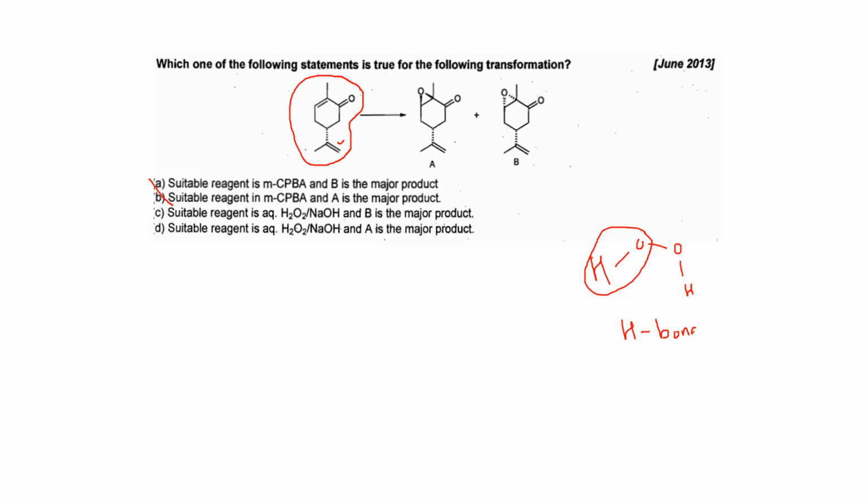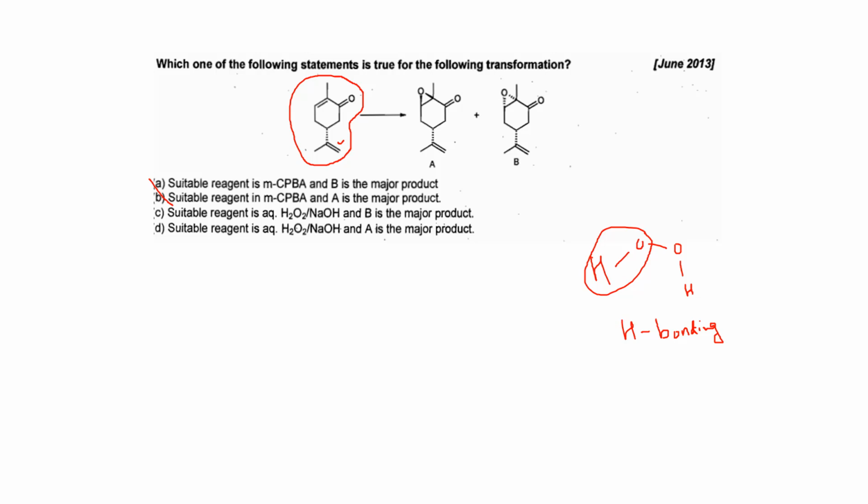Now if there is a probability of hydrogen bonding, it will form a hydrogen bond. Now you have to see, is there any probability of hydrogen bonding? No, because there is no such group in our substrate which can perform any hydrogen bonding, no OH, nothing.